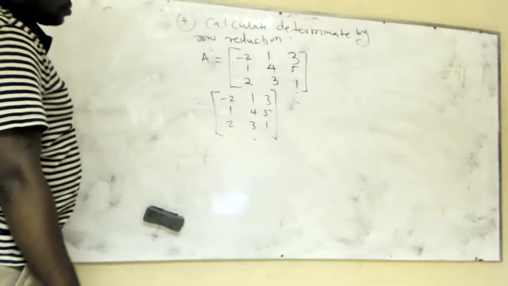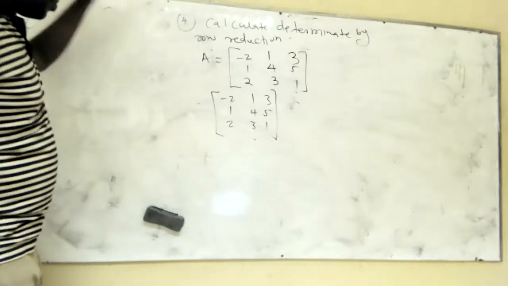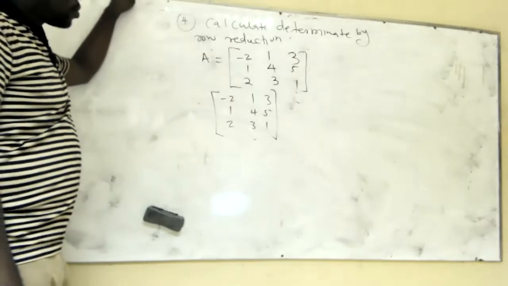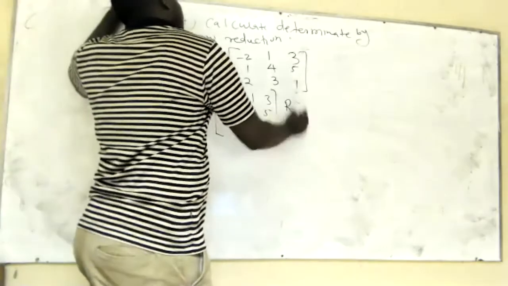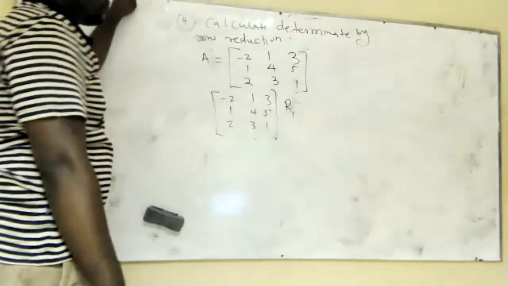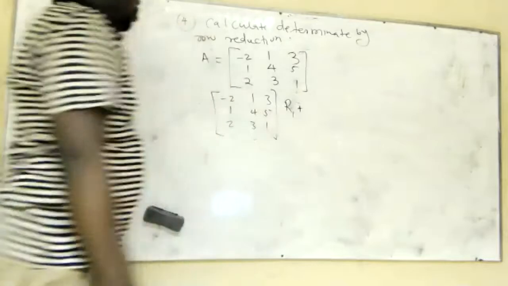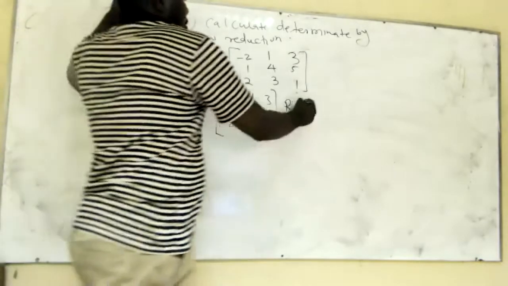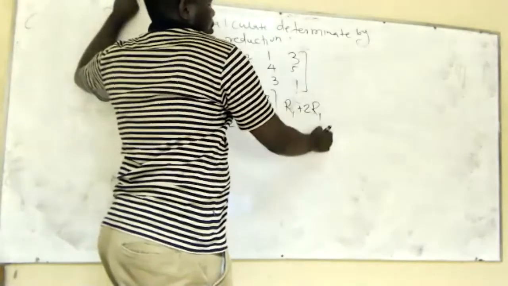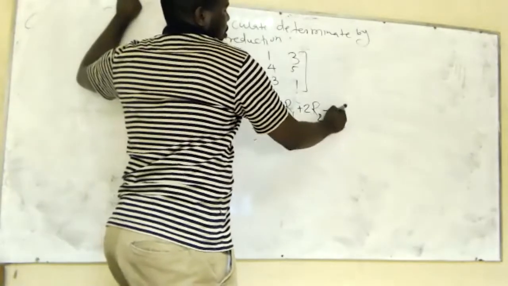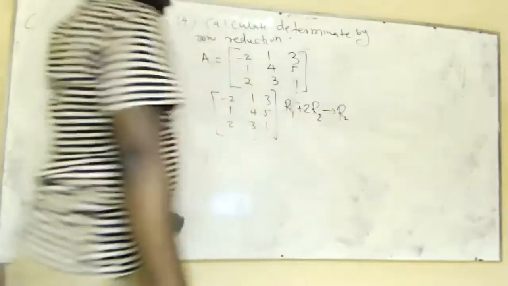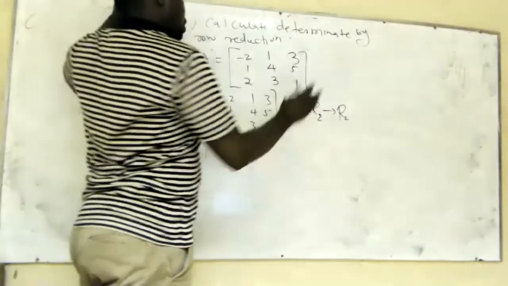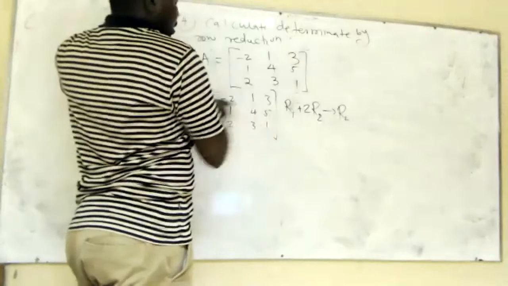We are going to say where we have 1, R1 plus 2R2. Two R2 is going to give us a new R2. Yes, very true. And then you are allowed to do the same with the row 3.